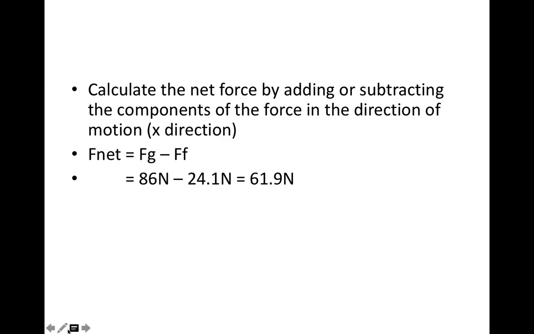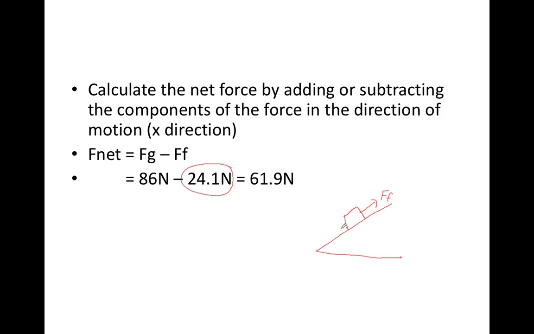So just to clarify what's happening here, you have two forces acting along the incline. You have F friction pushing up the incline, which in this case is equal to 24.1 newtons.